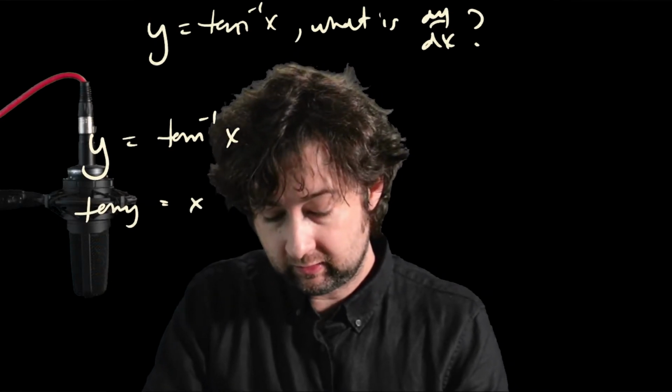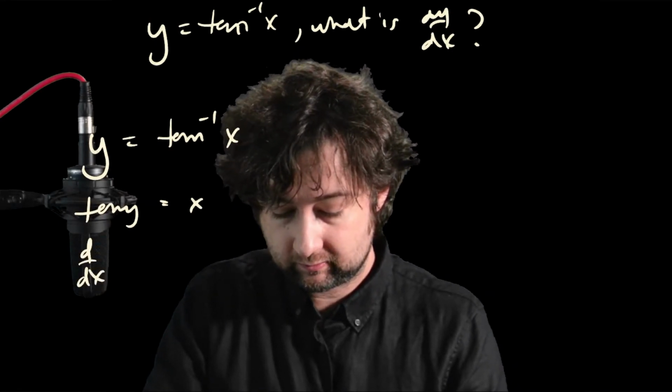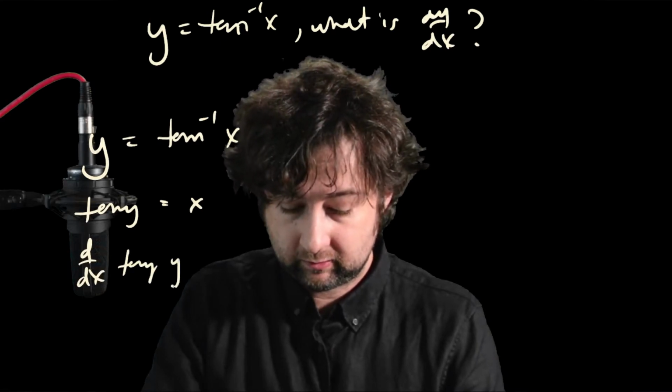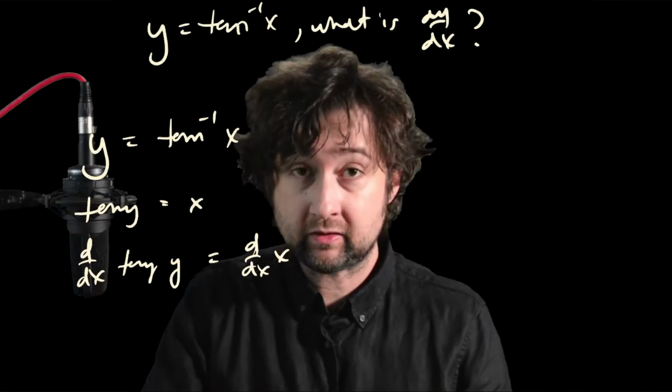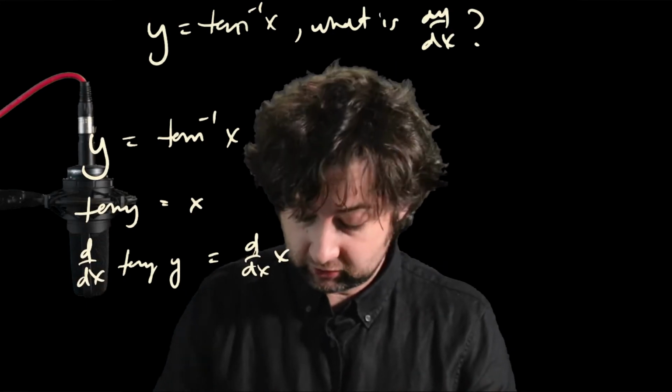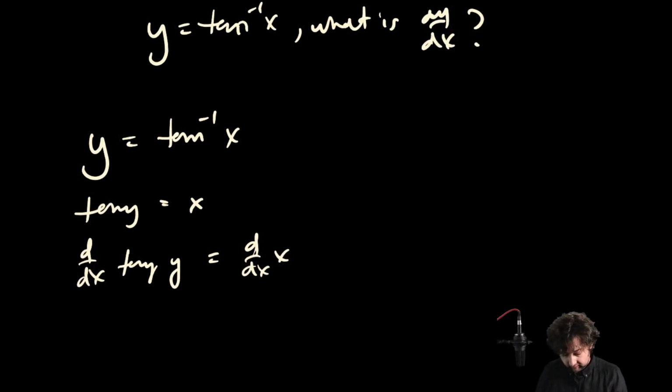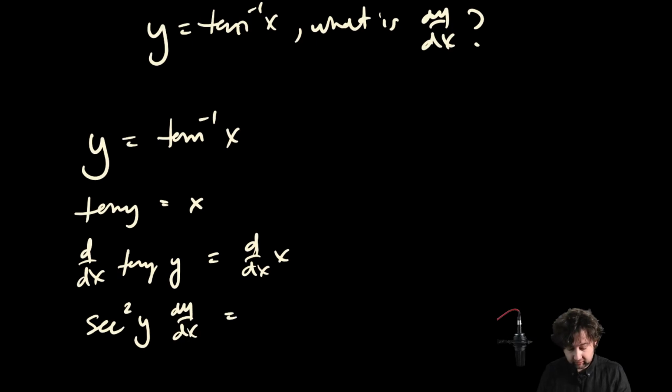That means that d by dx of the tangent of y is equal to d by dx of x. And now using implicit differentiation, I'm going to get that the secant squared of y dy dx is equal to 1. And that looks pretty much exactly like before.